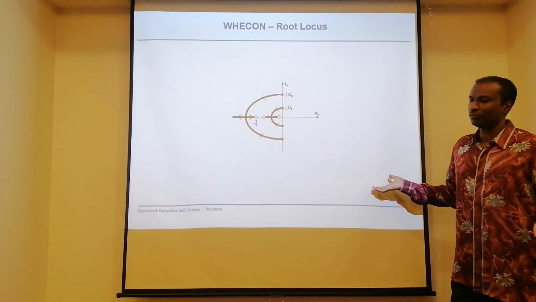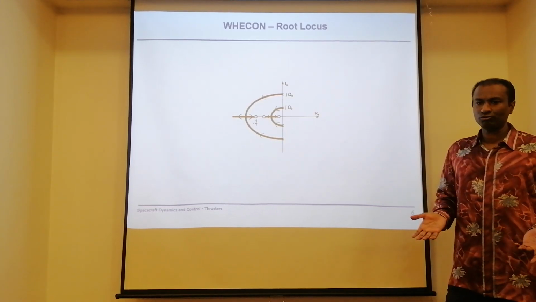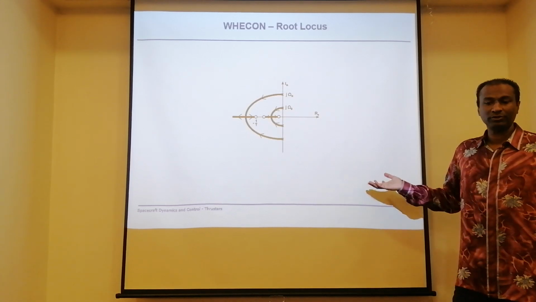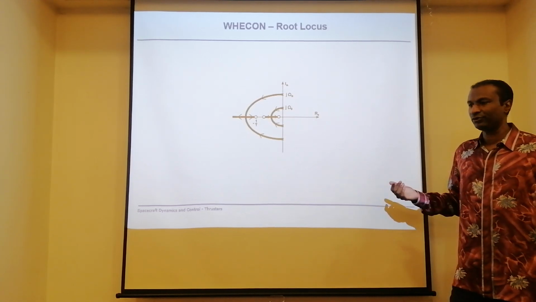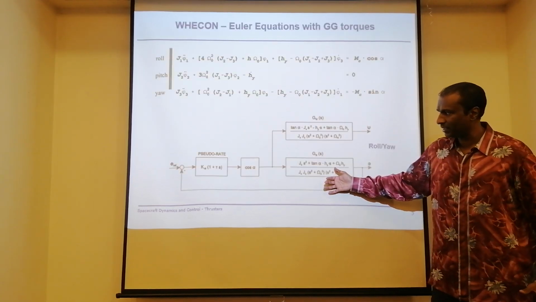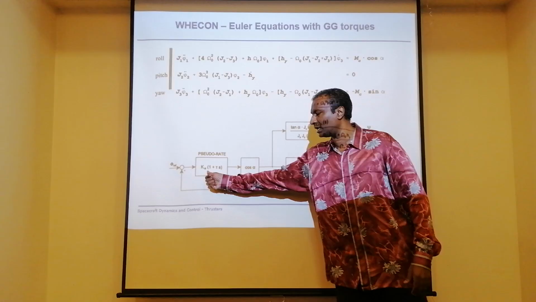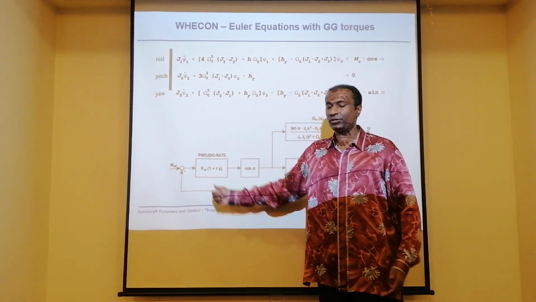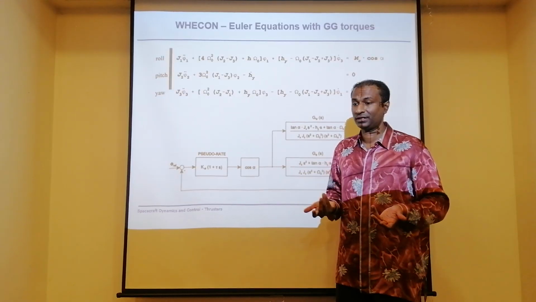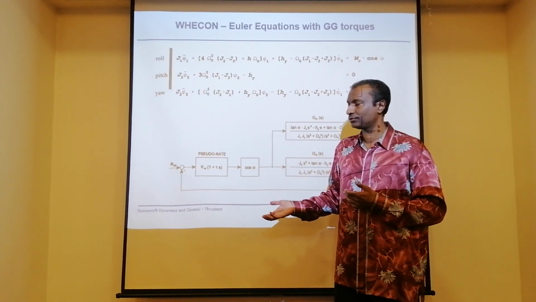When you have a control block, you have done it in control systems, you should be able to do a root locus. You can find the poles, and you want to select the controller, because the inertia is already known, the satellite inertia is known, orbital frequency is also known.